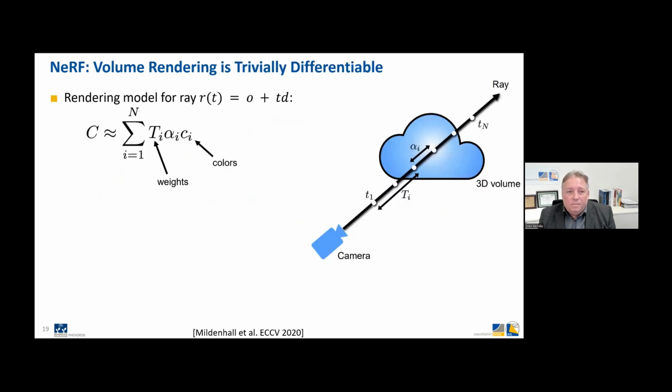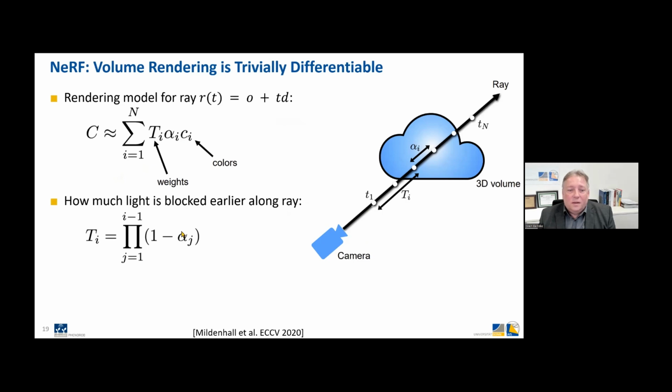The beauty here is that this process is trivially differentiable. So we shoot some ray, and we say, okay, the color that we produce is just a weighted sum of the colors produced by this neural network, and the weights come from the density along the way. So how much light is blocked earlier along the ray?